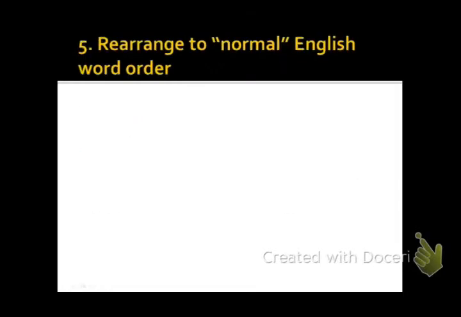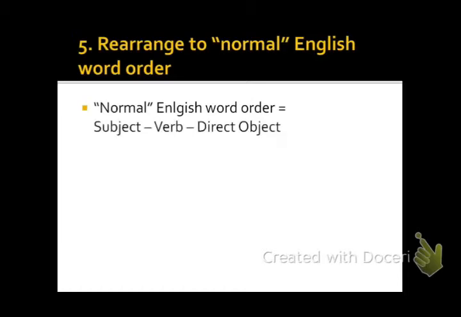Alright, so our second to last step, you rearrange the words to normal English word order. Normal English word order is considered subject, verb, direct object, right? The boy throws the ball. The girl writes a letter. Subject, verb, direct object.